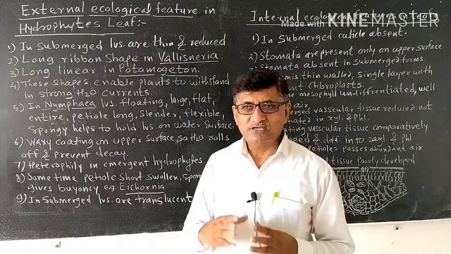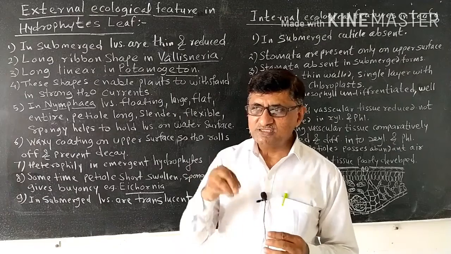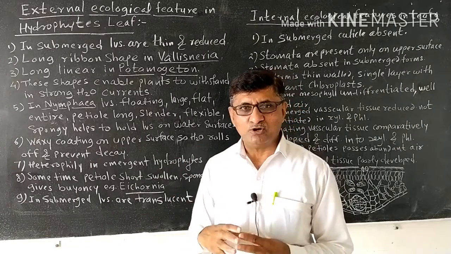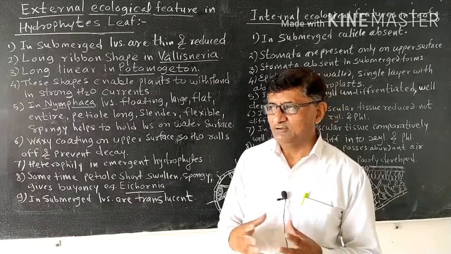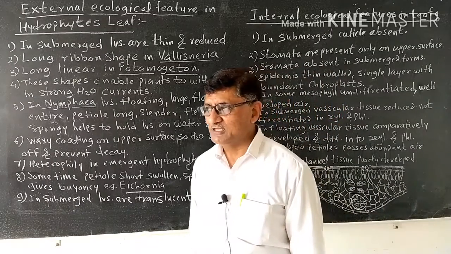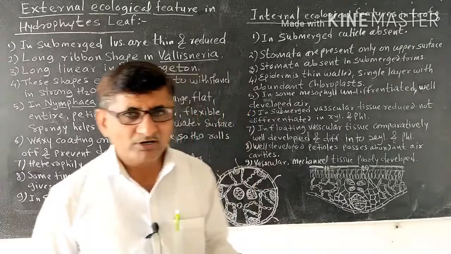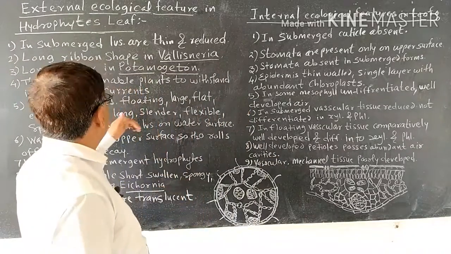On the same plant, the part under water and the part not under water show differentiation in leaf development, and that is heterophylly. So we will see what the external adaptations are.